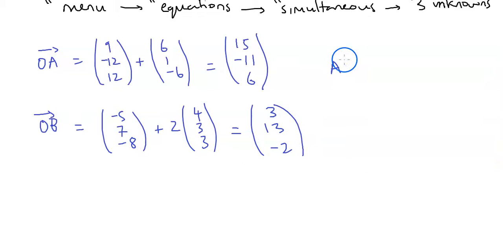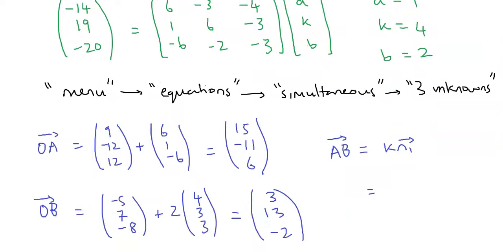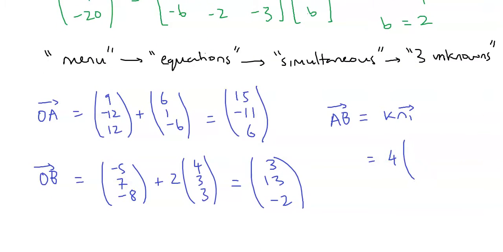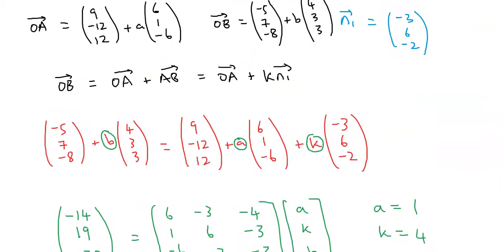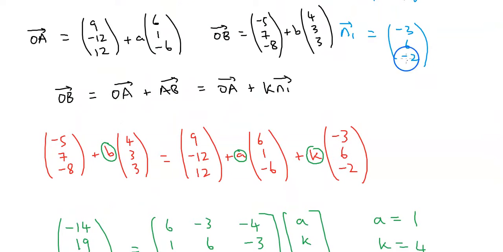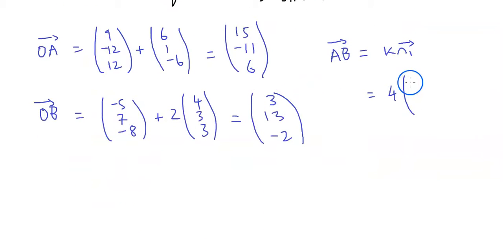Oh, and we also know the vector AB, which is equal to k times n1, so k is 4, and the vector n1 we had was negative 3, 6, negative 2. So that is negative 12, 24, and negative 8.